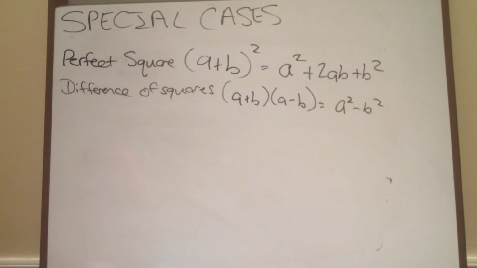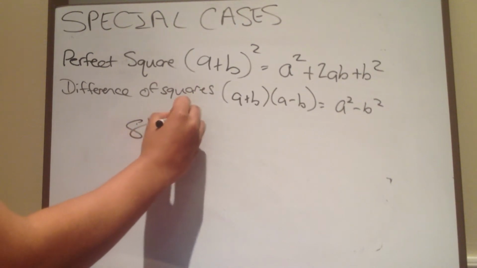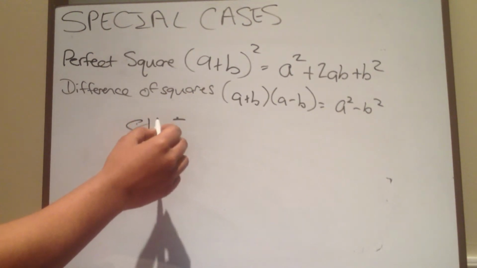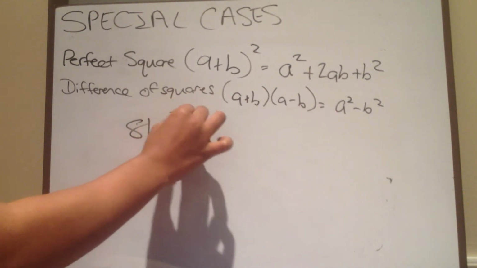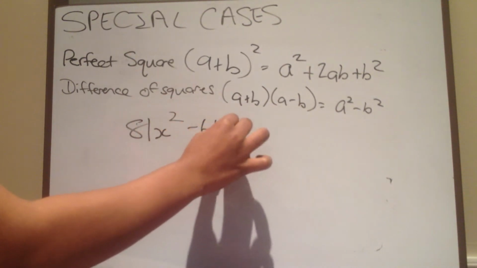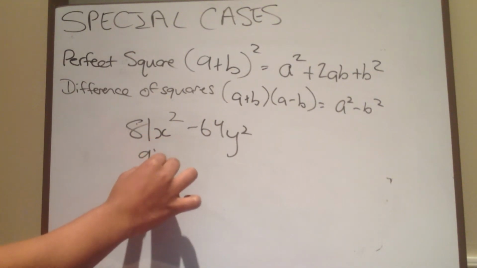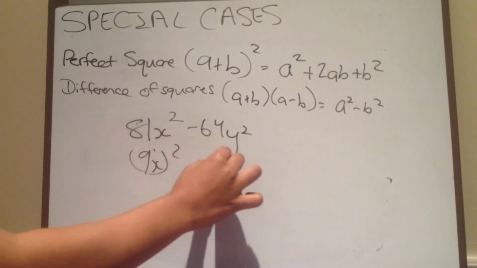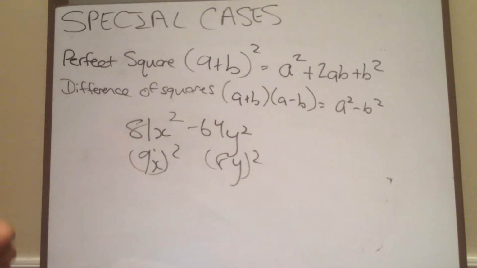So now moving on to another example of difference of squares. If you had 81x squared minus 64y squared, this would be 9x squared, and this would be 8y squared.